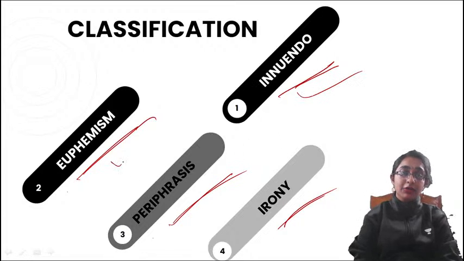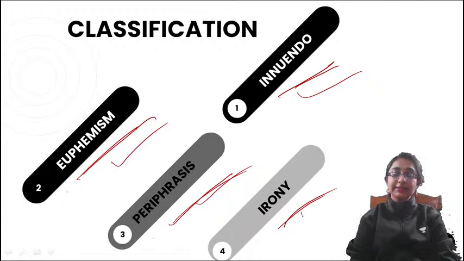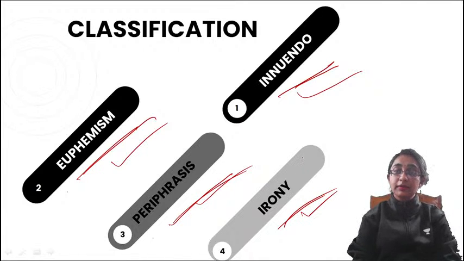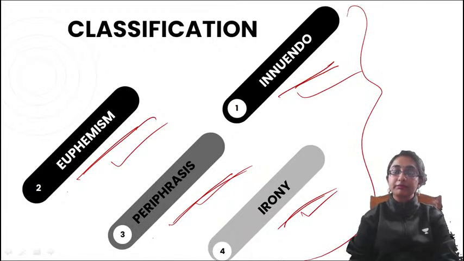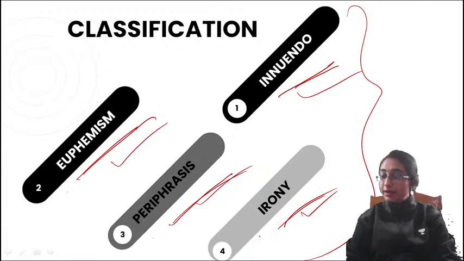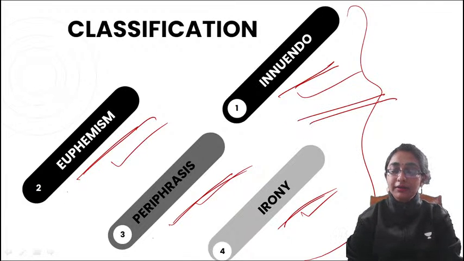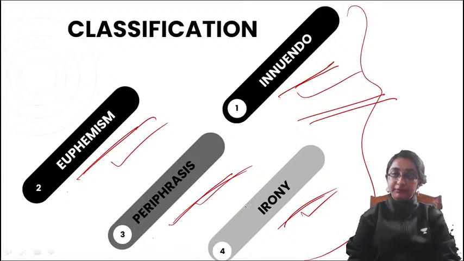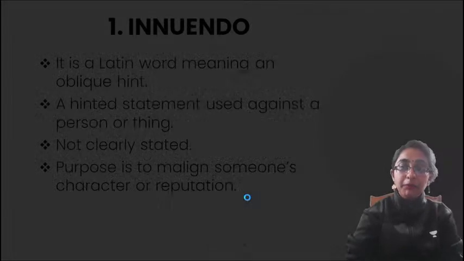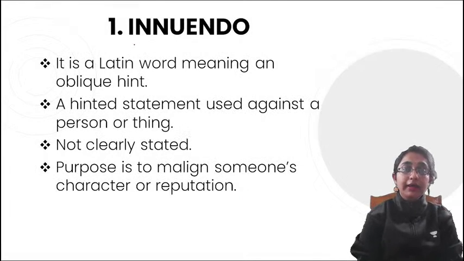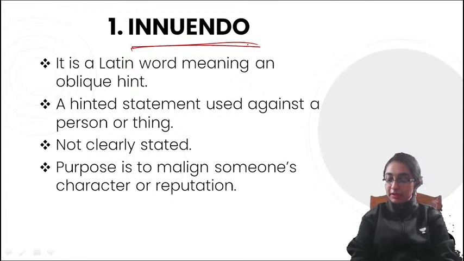Innuendo, euphemism, periphrasis, and irony. These are all the classification of figures of indirectness. Clear? Now we will talk about them one by one. The first figure of speech is innuendo.